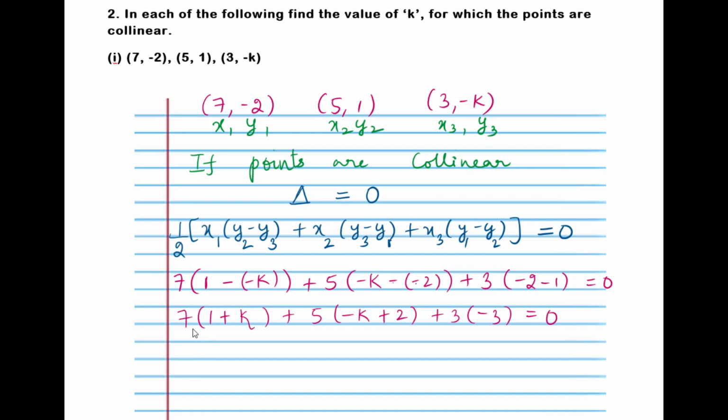Now multiply 7 into 1 is 7, 7 into k is 7k, that is 7 plus 7k. Now plus into minus minus, 5 into k, 5k, plus into plus plus, 5 into 2 is 10. Now plus into minus minus, 3 into 3 is 9 equals 0.